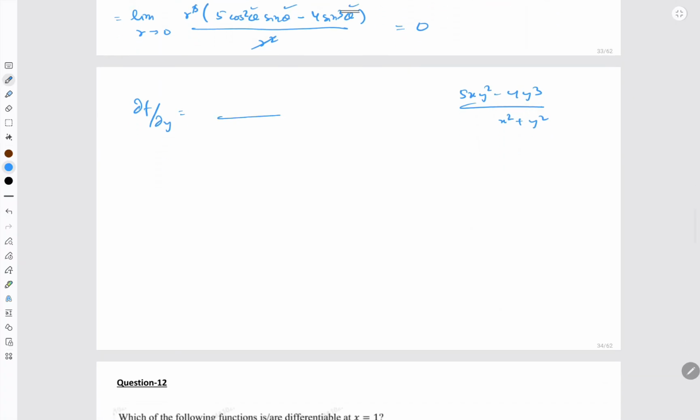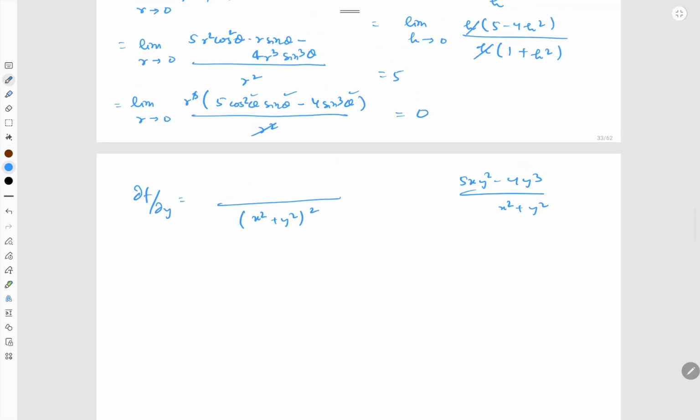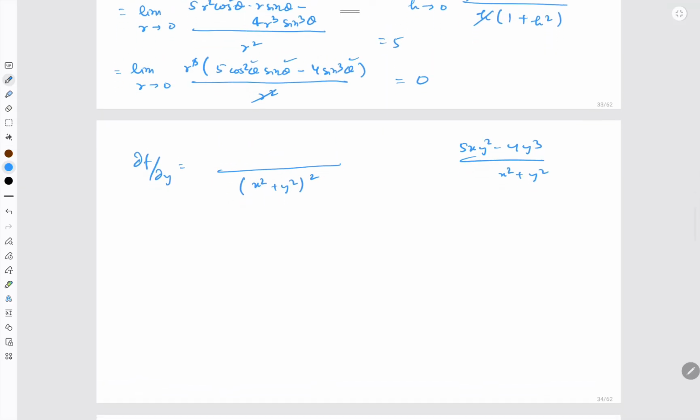So df by dy, I can take the partial derivative directly. If I take the derivative of the upper term, 10xy minus 12y square, over x square plus y square squared. Okay, it is getting bigger, so I do not have to solve this for now.